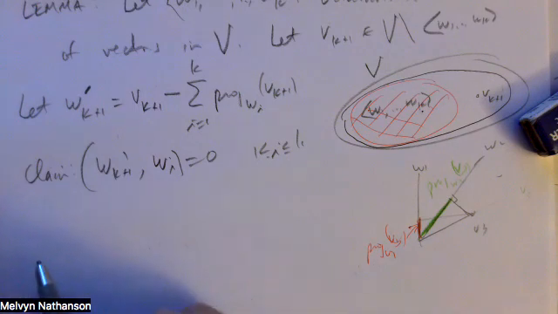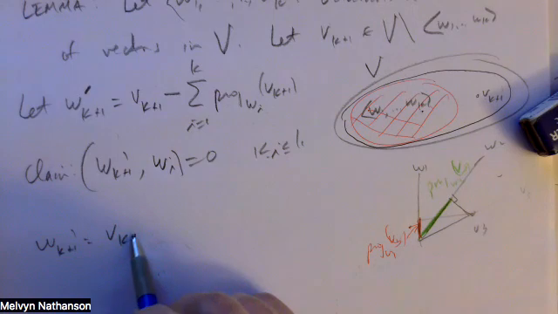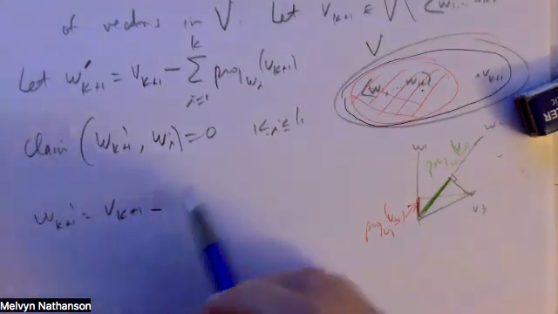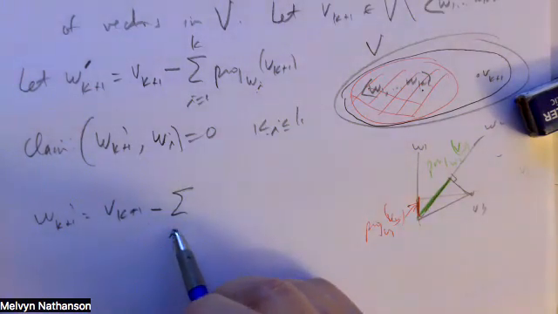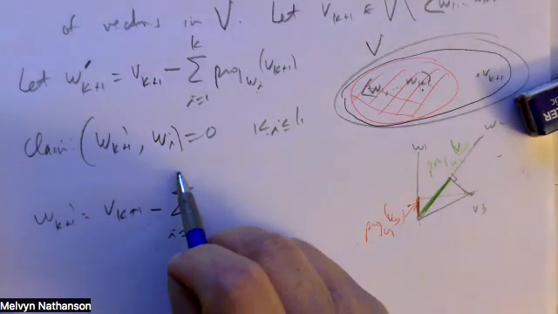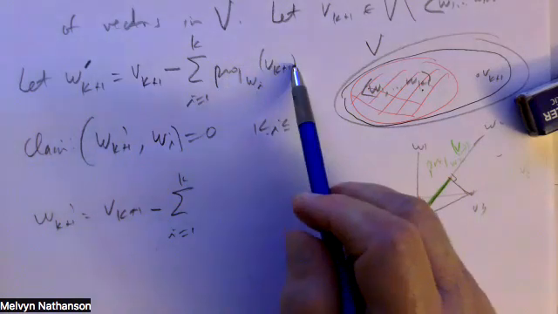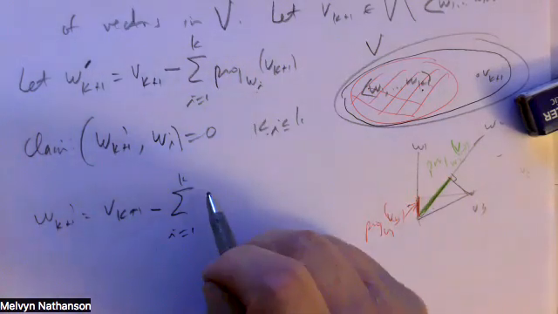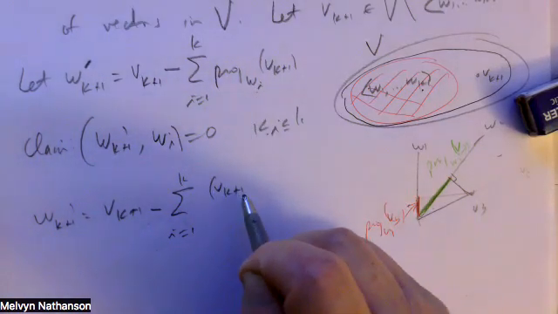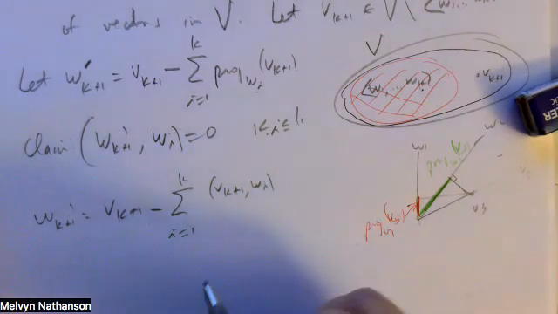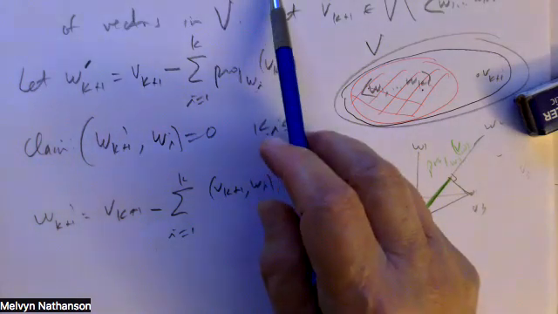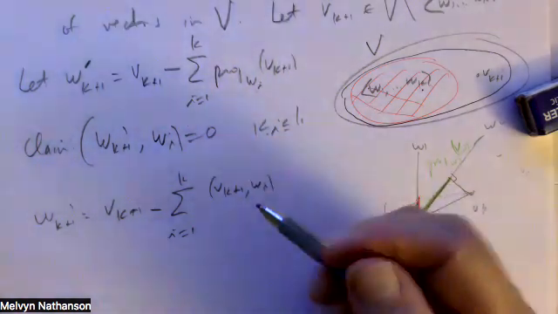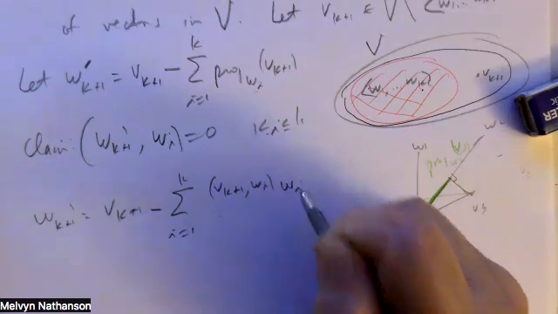Well, let's see. w_{k+1} prime is v_{k+1} minus the summation, i goes from 1 up to k, of the projection of v_{k+1} on wi. The projection of v_{k+1} on wi is the inner product of v_{k+1} and wi divided by the length of wi squared, but this is an orthonormal set. Each of these vectors has length 1, so the denominator is just 1, times wi.